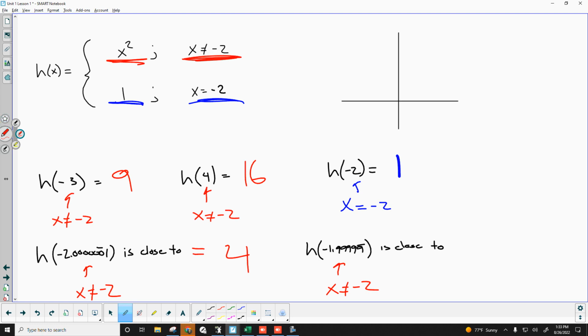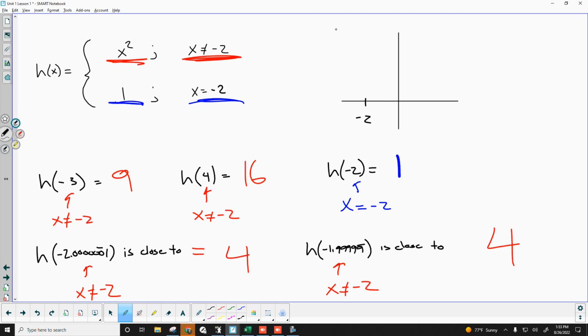It's not going to tell you it's 4.000000001 or anything like that. If I plug in -1.9999999 and square that number, I'm going to get something like 3.99999. It's essentially 4.